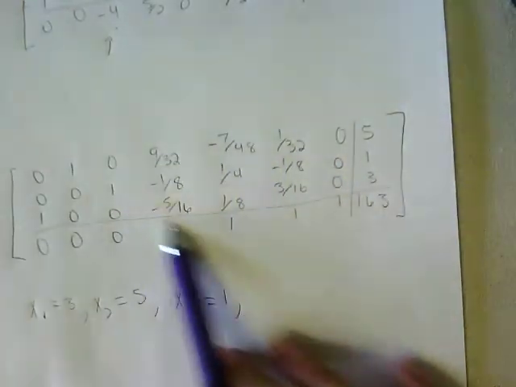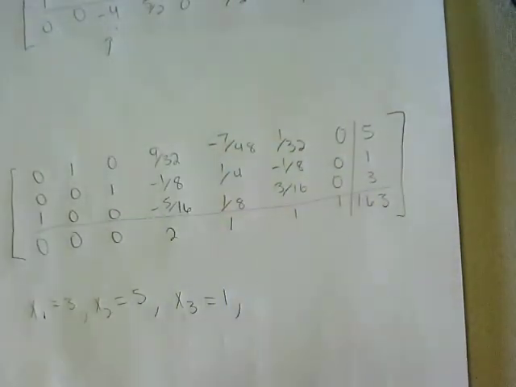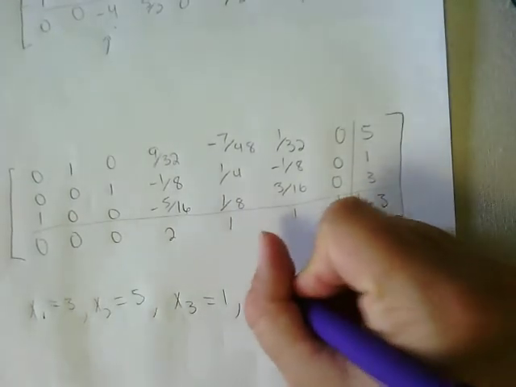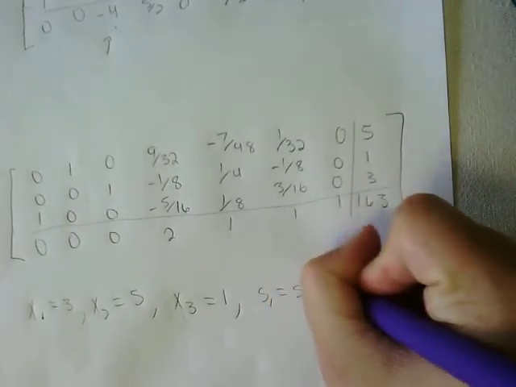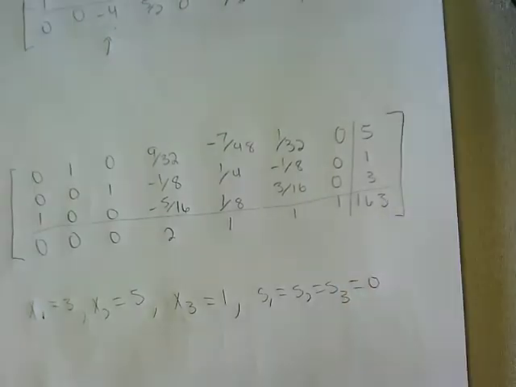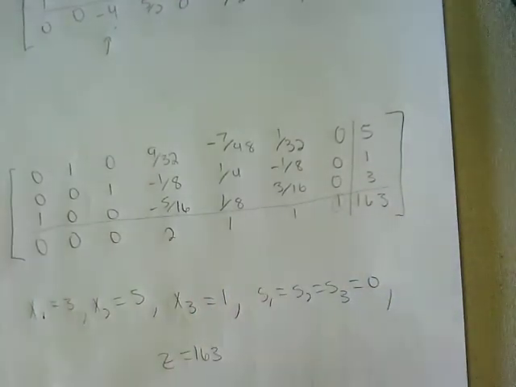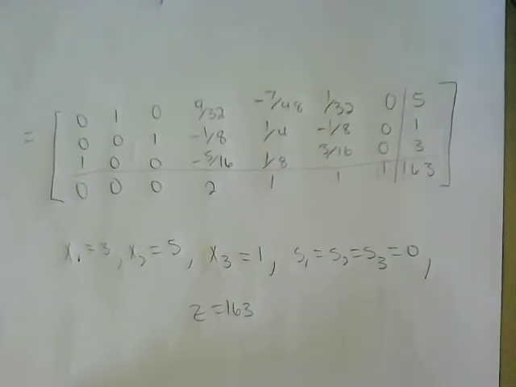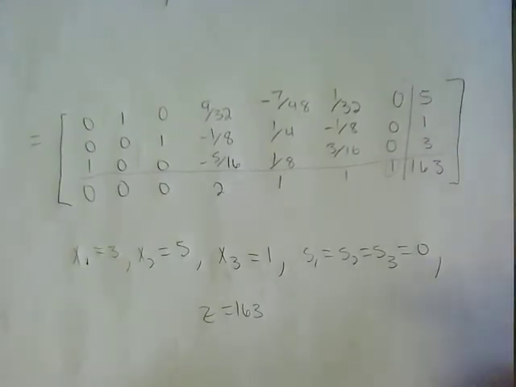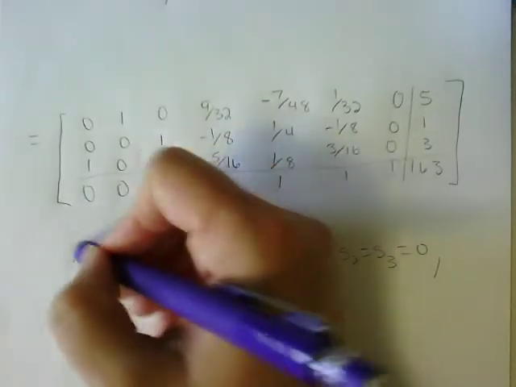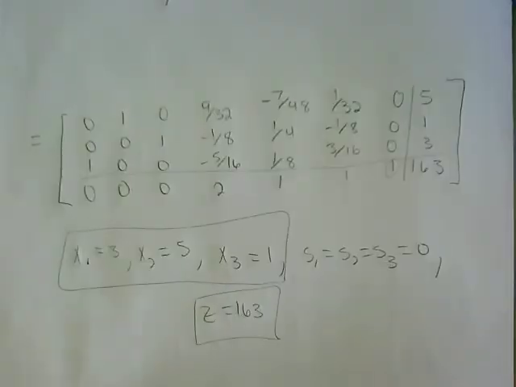All 3 of my slack variables are going to equal 0, so I have s1 equals s2 equals s3 equals 0. And finally, I have that z equals 163. So there's my maximal solution. My maximum itself is 163. That maximum occurs at (3, 5, 1).